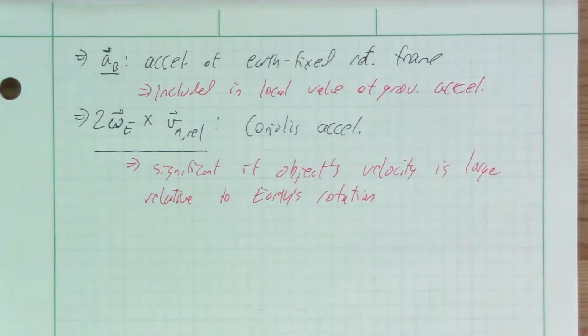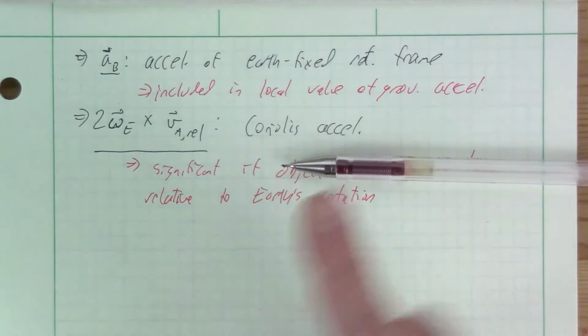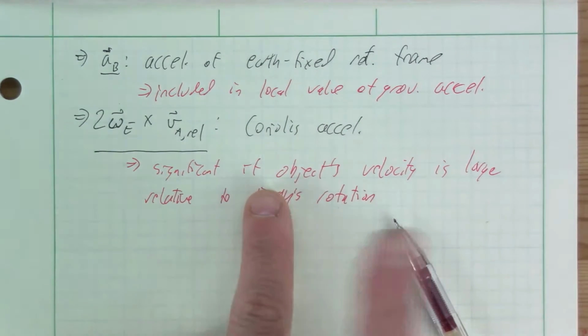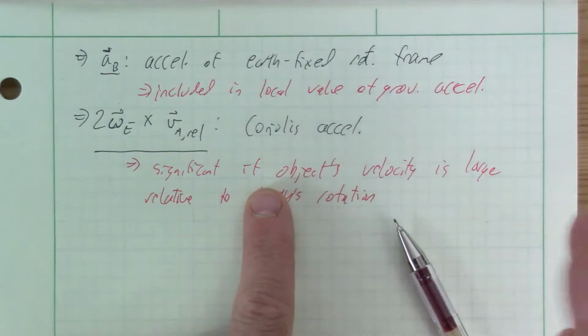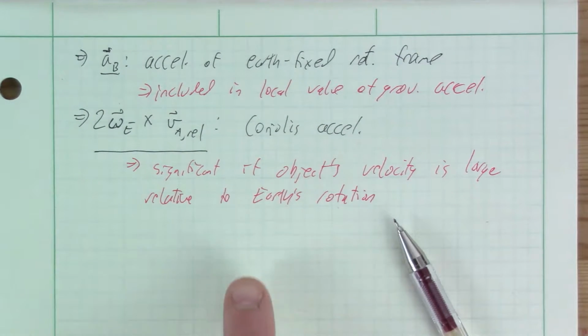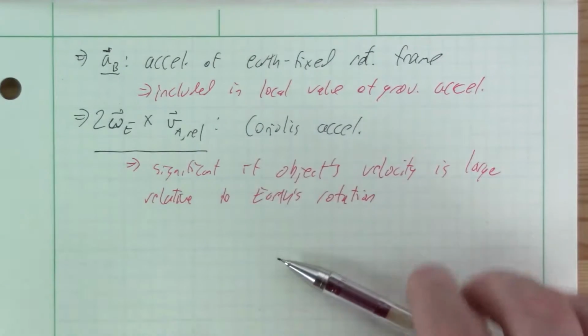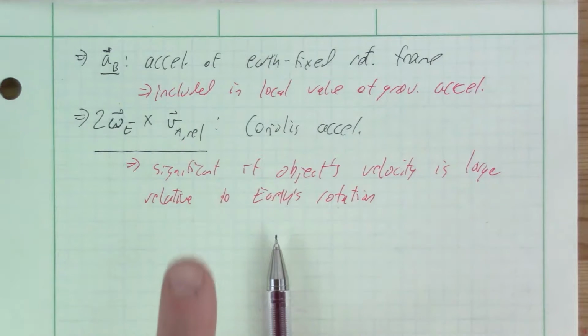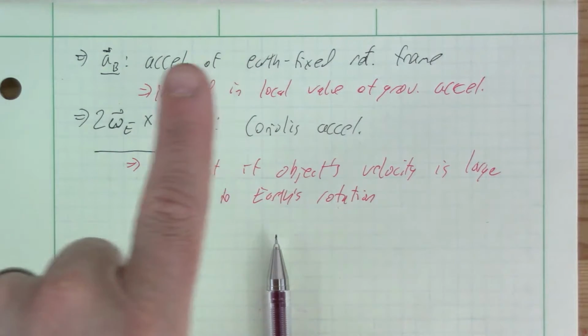Okay, so if the object starts to move at a significant speed compared to the Earth, the Earth is also sweeping around it, right? Or maybe the motion relative to the surface of the Earth. So maybe the surface of the Earth is sitting here at my point, and I'm trying to fly or move overhead.